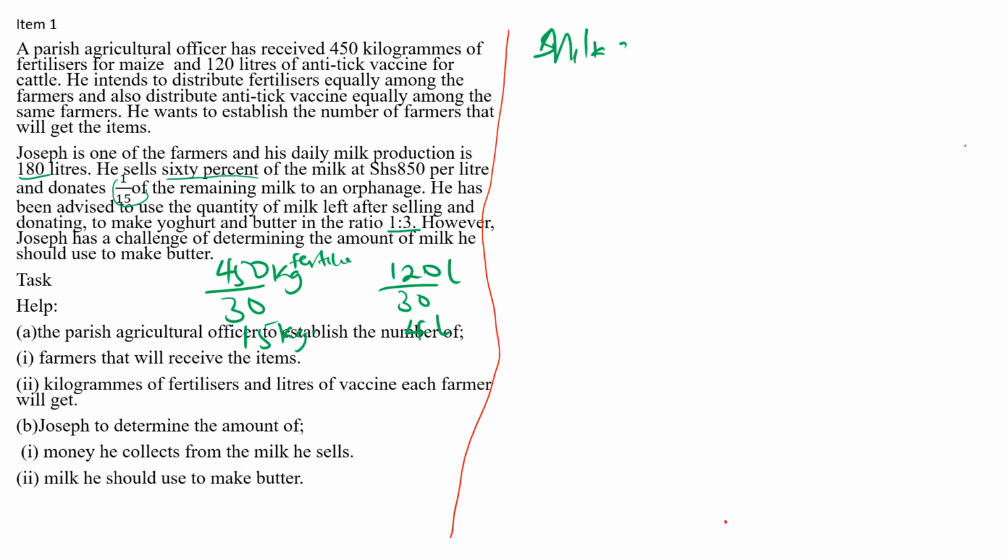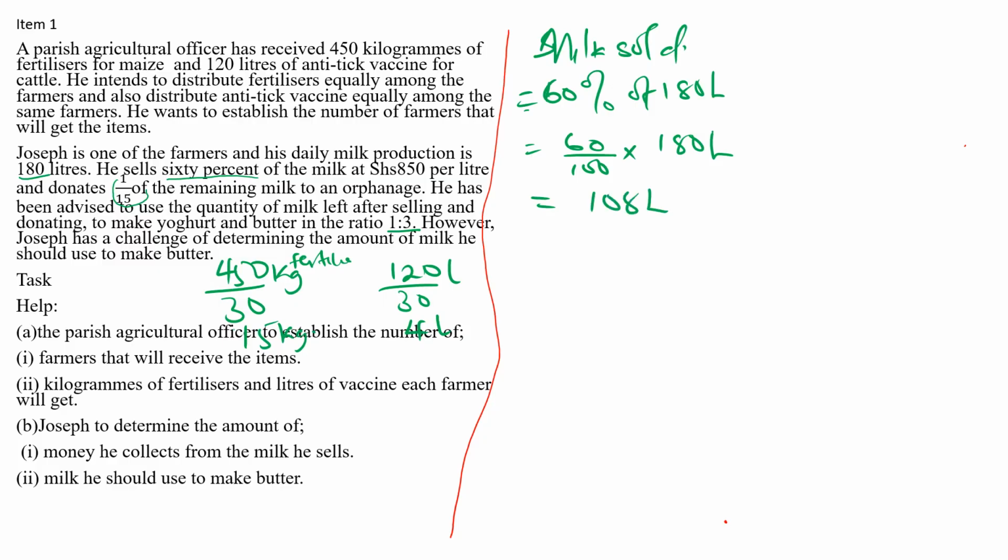That is 60% of 180 liters. So here we shall have 60 out of 100, then times 180 liters, and so here we shall have the answer as 108 liters.